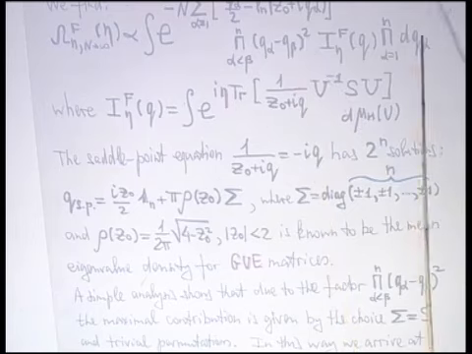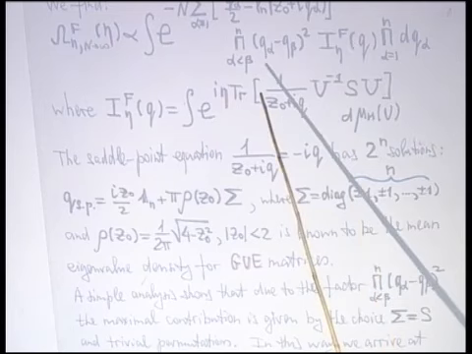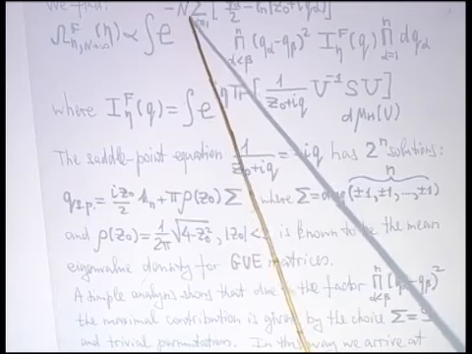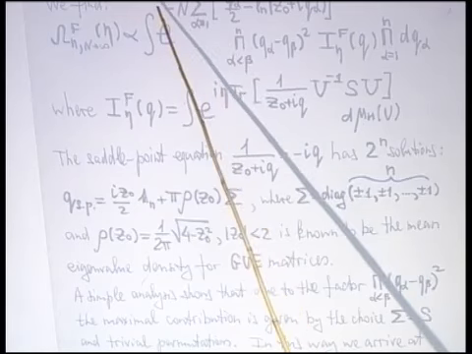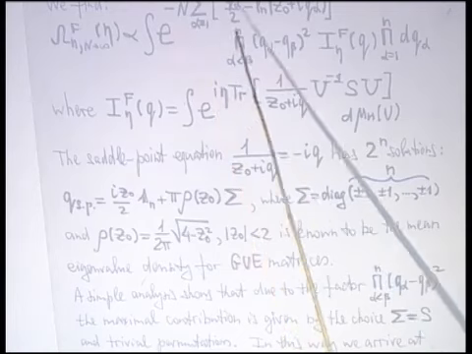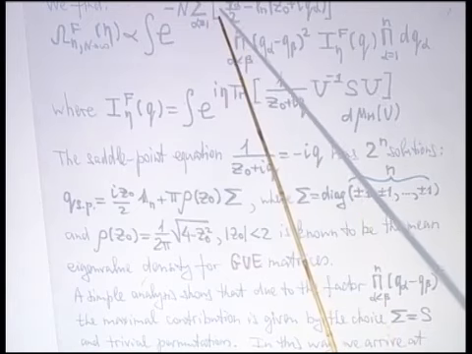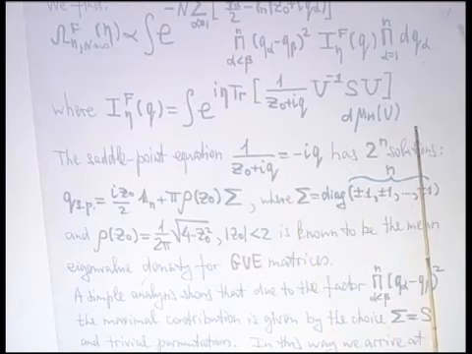So the structure is very reminiscent of what we had yesterday. Namely, we have an integral with a large exponential, minus a large factor n, which should control our saddle point approximation. Here is some function whose stationary points we need to find.